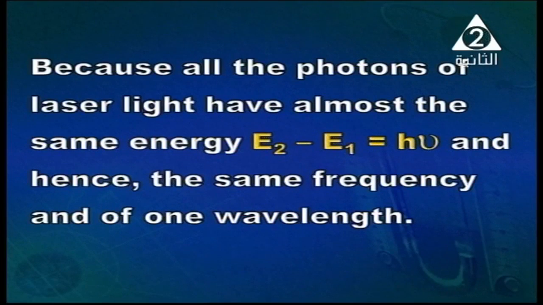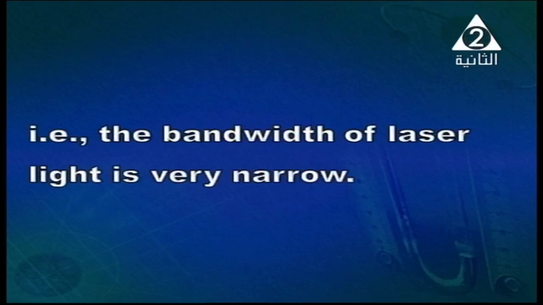Each one of them has an energy equal to the difference of E2 and E1, which is equal to h nu, where h is Planck's constant and nu is the frequency. So they've got the same frequency. Having the same frequency means they have the same wavelength. That is to say, the bandwidth of laser is very narrow.